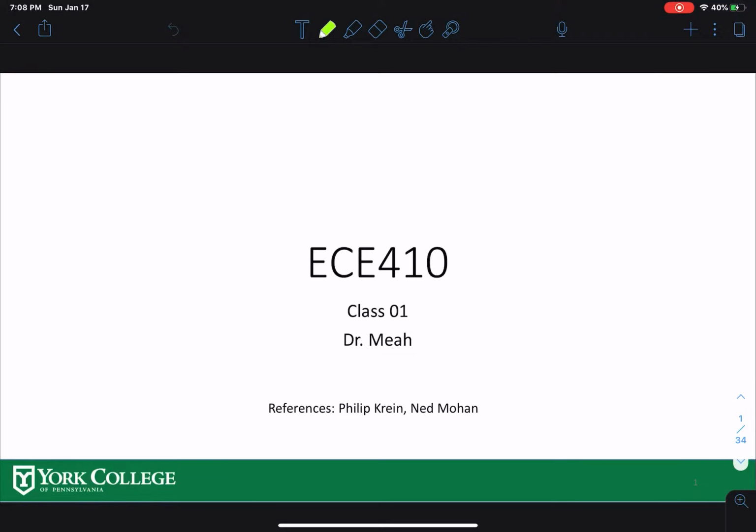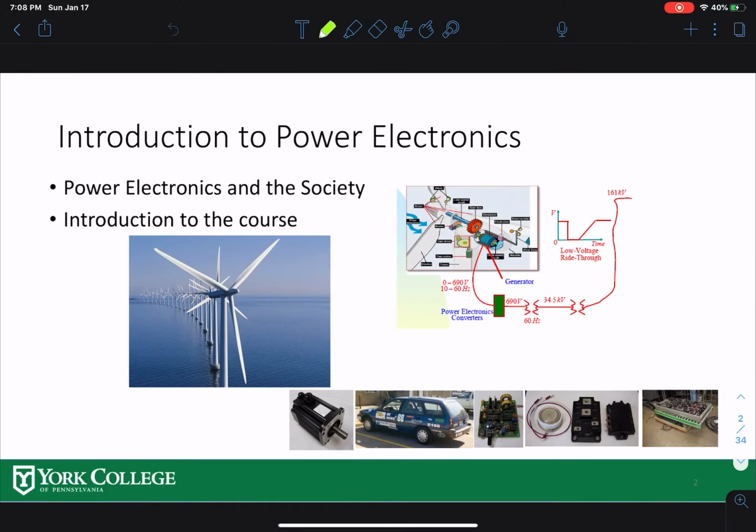So we're going to introduce power electronics to you in this lecture. Power electronics and the society. If you look around you, there is no application around you that does not use some kind of power conversion. For example, a motor needs some kind of power conversion to control the speed. Your electric vehicle is full of power electronics inside it because it needs all kinds of power conditioning.